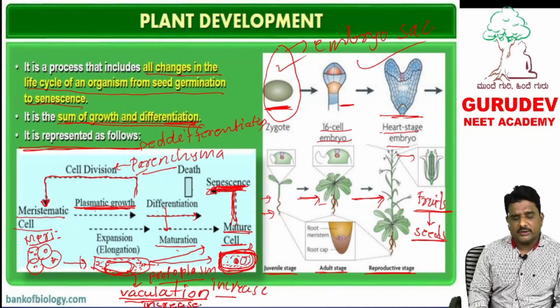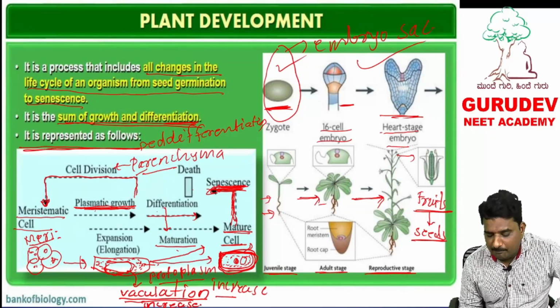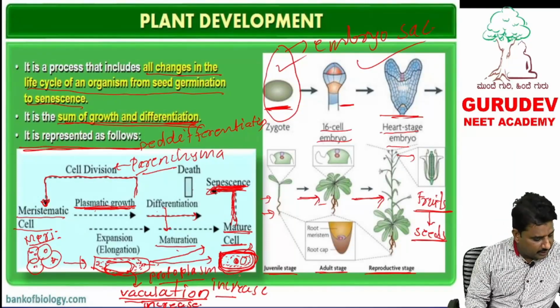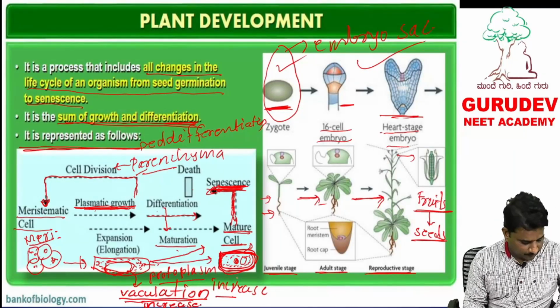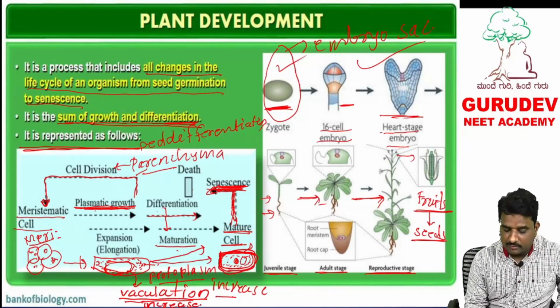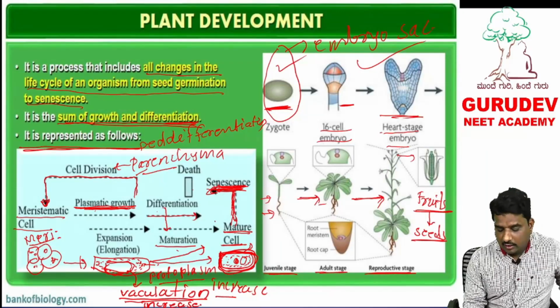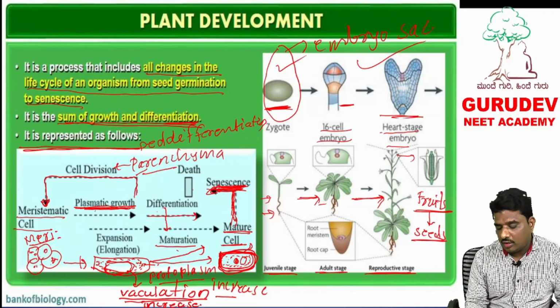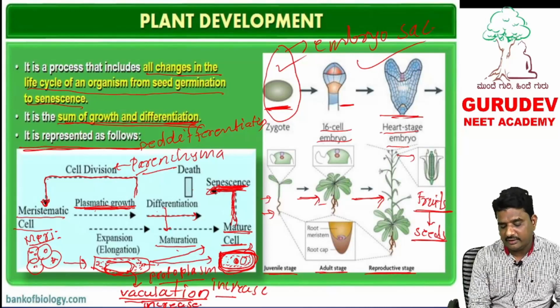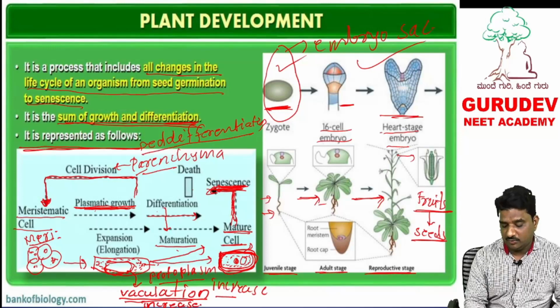Okay, so this is the process called development, in diagrammatic representation. Development of a higher plant cell into a particular organ, or after death, what will happen? Again some of the cells acquire cell division ability, again meristematic or differentiation process.